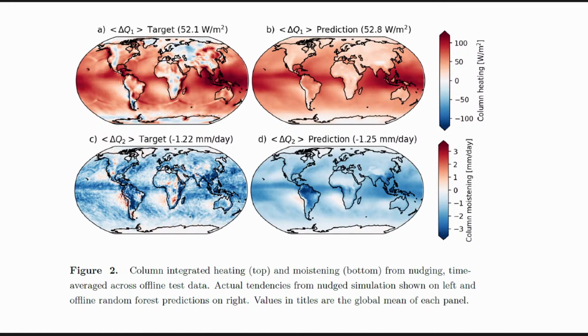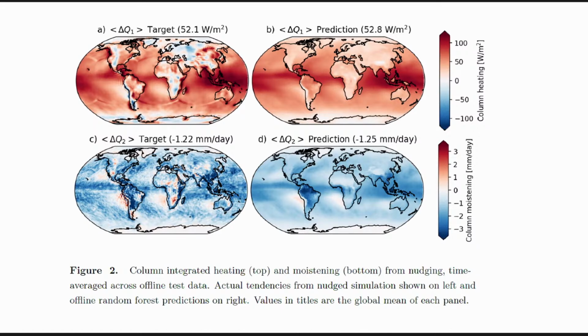This is saying if we nudge our simulation to observational data set over, I believe it was 2015, the entire year, how much are we on average heating or cooling the model as a function of spatial location? And you can see we're cooling some places, we're heating others. Overall, we're heating, which means the model had a cold bias.